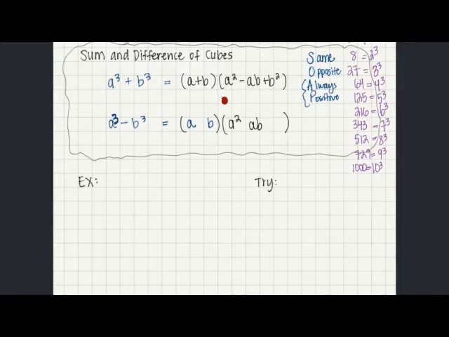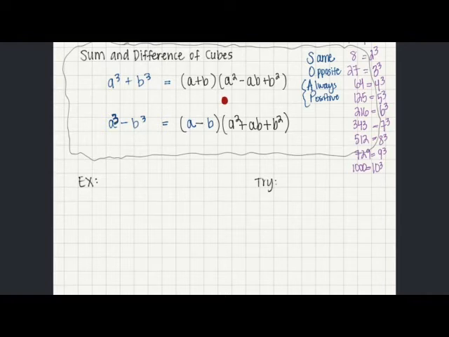And then we would have bouncy bouncy, and bouncy bouncy is b squared. So now we have the same sign. We started with a difference, so the same sign would be negative. The opposite of the negative is a positive, and the last is always positive.